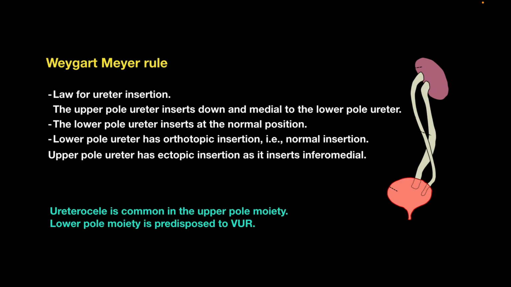So what is ureterocele and what is vesico-ureteric reflux? So ureterocele is abnormal congenital dilatation of the distal most portion of the ureter, right?